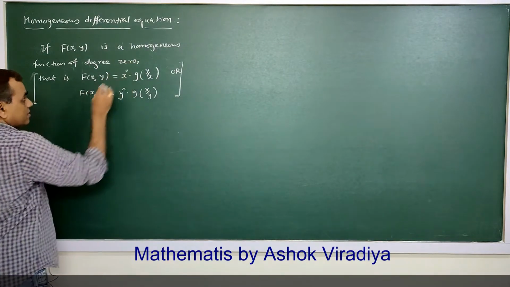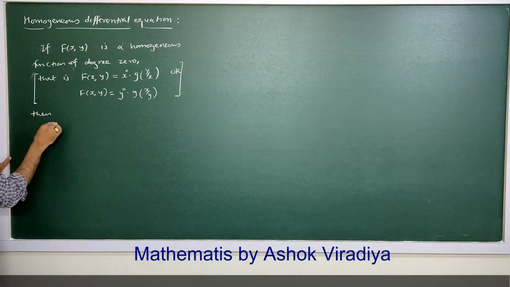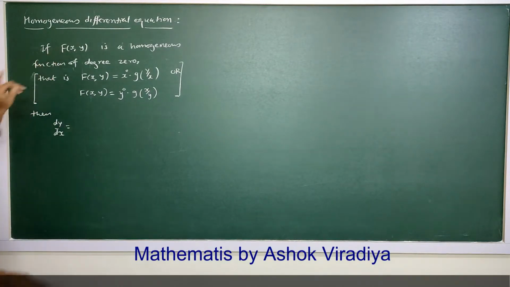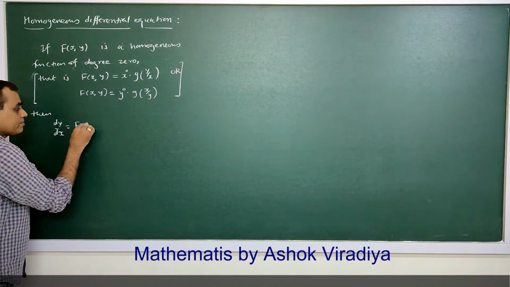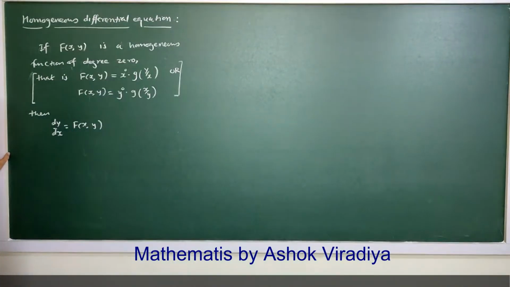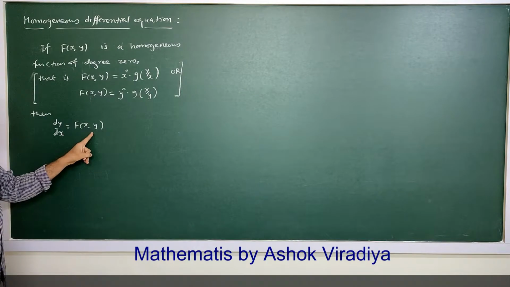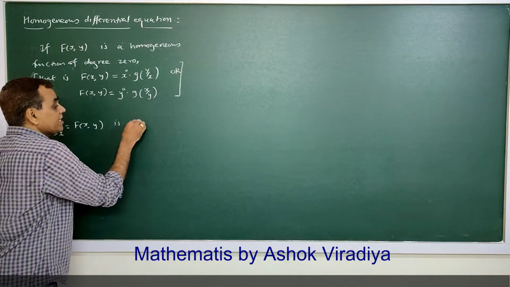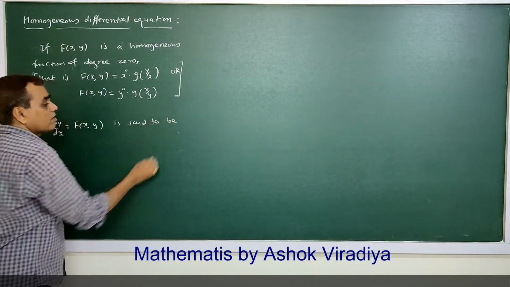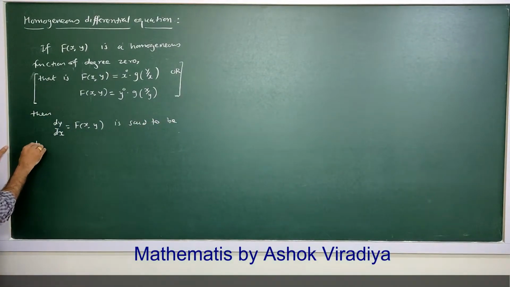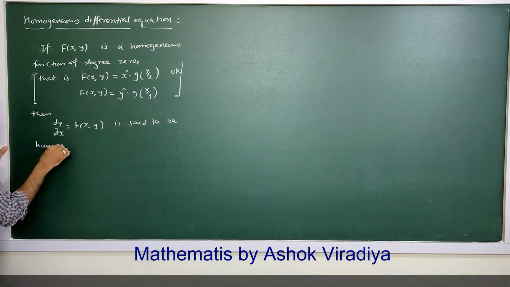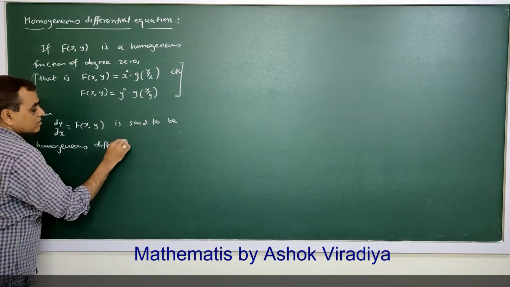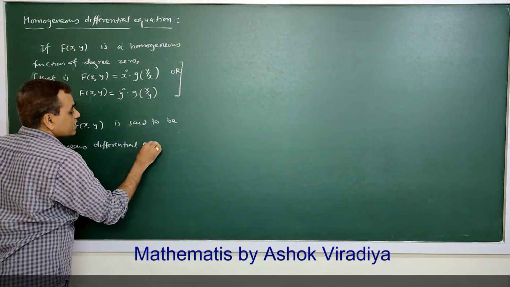Then dy by dx equal to f of xy, where this is a homogeneous function of degree 0, is said to be a homogeneous differential equation.